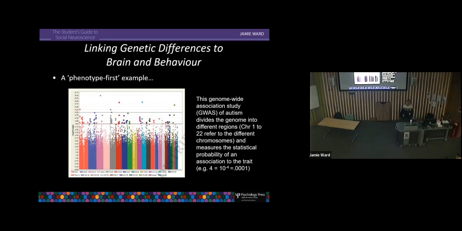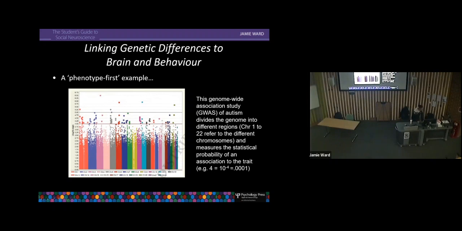The disadvantage is that your genome is so huge that you need very large samples, and it's hard to get things coming out significant. So here, this is the genome, and it's looking at autism. You've just got different colored chromosomes here. These are called Manhattan plots, see if you can figure out why.